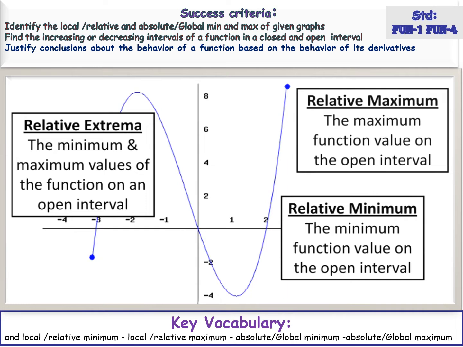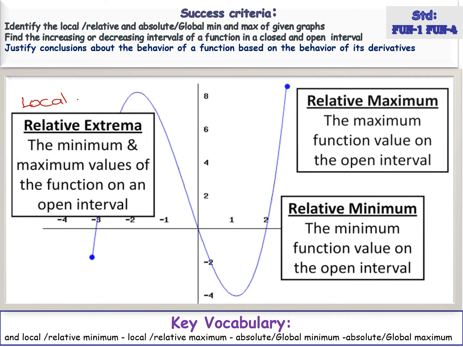Now here, let's talk about relative extrema. Relative extrema's other name is local extrema. As we know, local or relative extrema could be a relative maximum or local maximum and a relative minimum or local minimum.